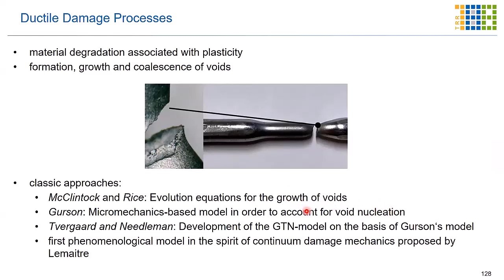And the GTN model is one of the most famous ones, probably based on Gurson's model, and also now adding the names of Tvergaard and Needleman. And Lemaitre was one of the first who derived a phenomenological model in the spirit of continuum damage mechanics, that you may also still find in many other textbooks.